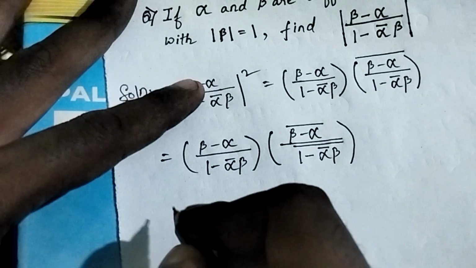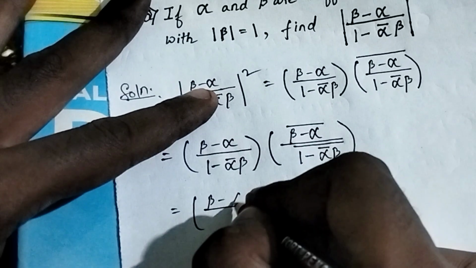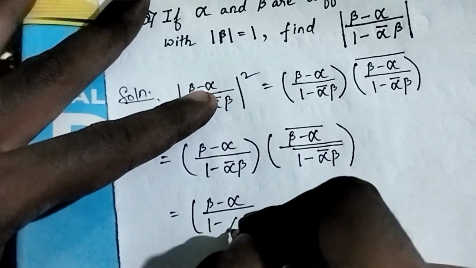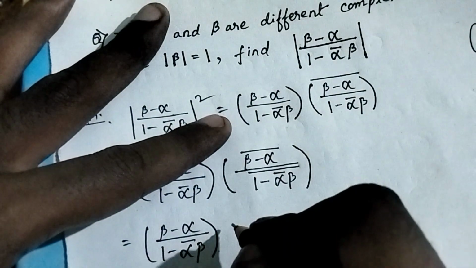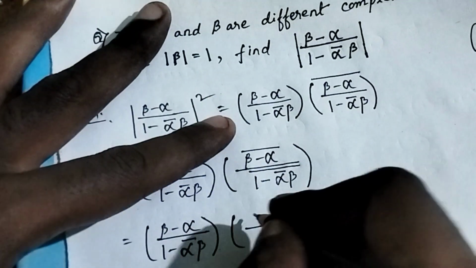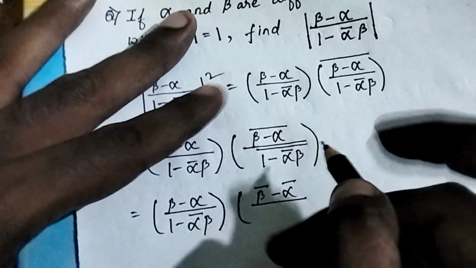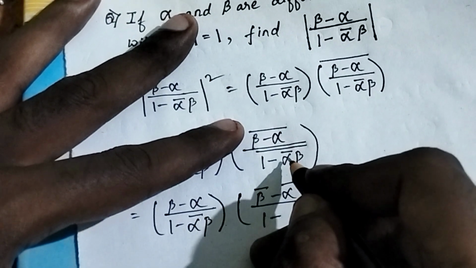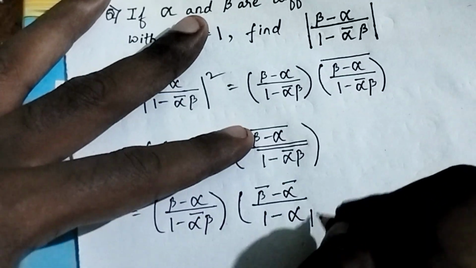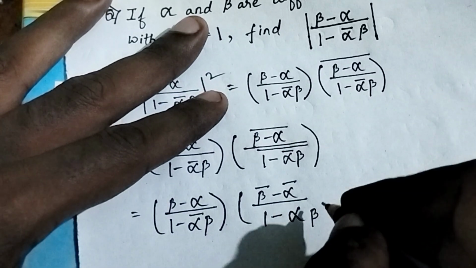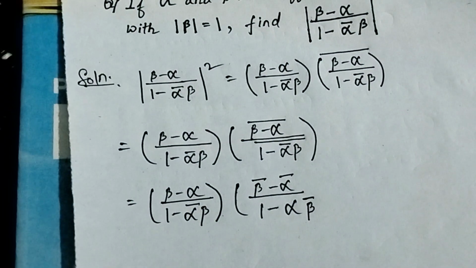So this will be (beta minus alpha by 1 minus alpha conjugate beta), and this will be beta conjugate minus alpha conjugate, and it will be 1 minus alpha conjugate into conjugate, so it will be alpha and beta conjugate.